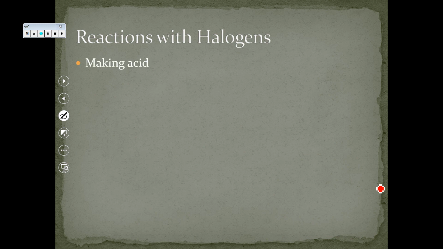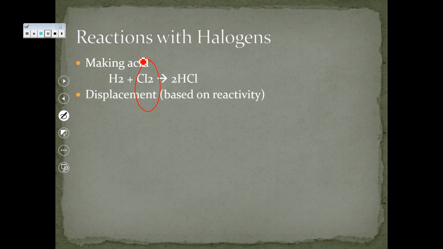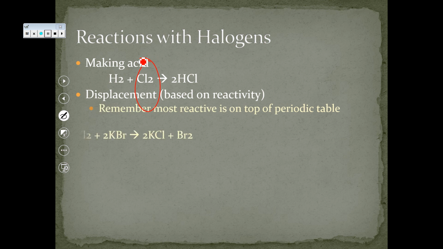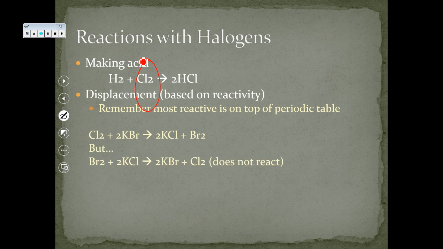Reactions with halogens. Halogens make acids. So H2 plus a halogen will make HCl, based on a displacement reaction. The most reactive element is on the top of the periodic table. Cl2 plus 2KBr yields 2KCl plus Br2, but Br2 plus 2KCl yielding 2KBr plus Cl2 does not react.